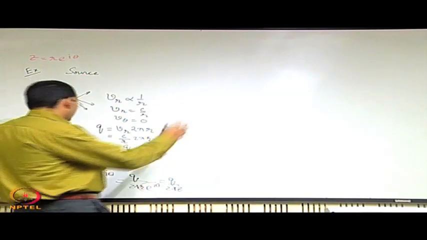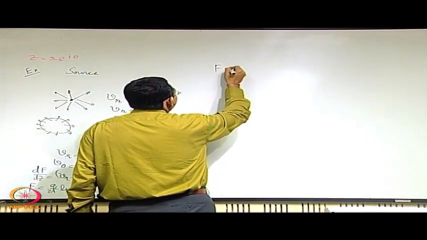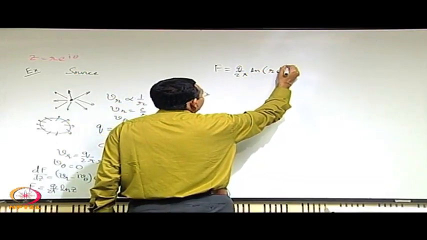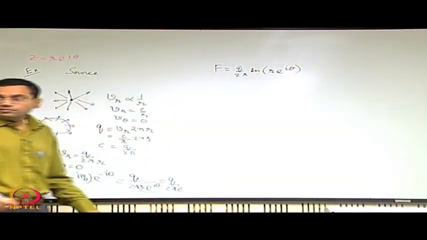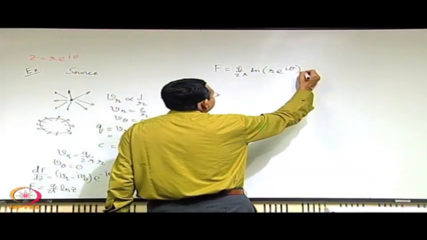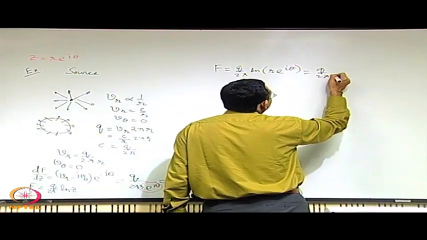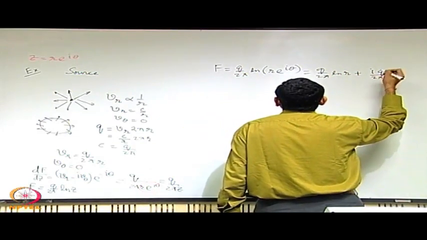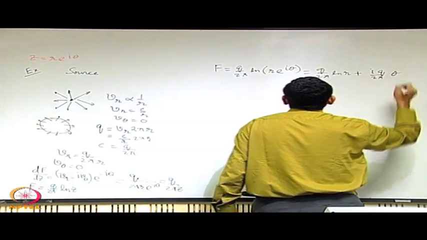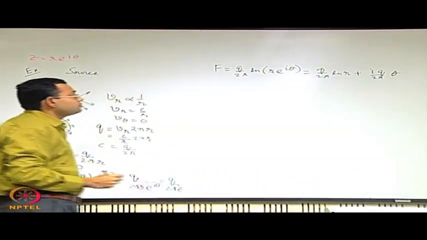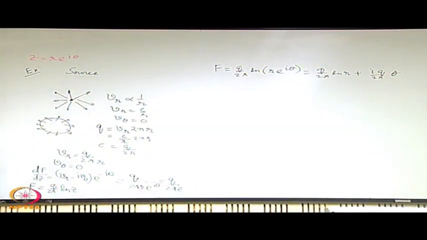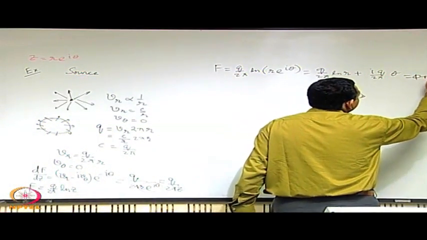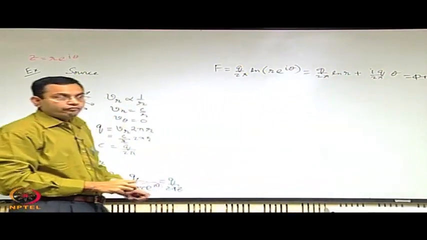So you can write, for example, f as q by 2 pi ln r e to the power i theta, right. So that is q by 2 pi ln r plus i q by 2 pi theta, so it is just like phi plus i psi by definition of f.